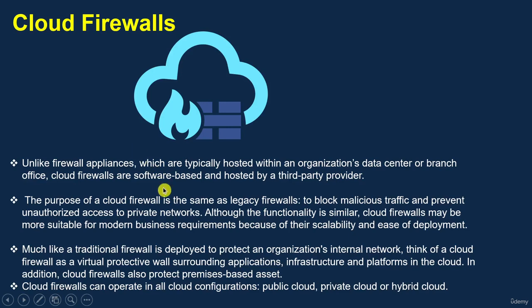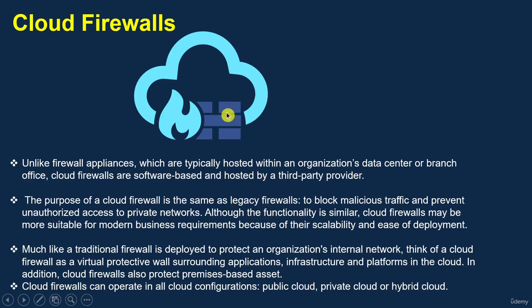And let's go to the cloud firewall. Simply, this is hosted in the cloud and managed by the cloud vendor; that is what we call the cloud firewall. Unlike firewall appliances, which are typically hosted within an organization's data center, this is hosted by the cloud vendor. The purpose of this cloud firewall is to protect applications and cloud resources from different malicious actors.